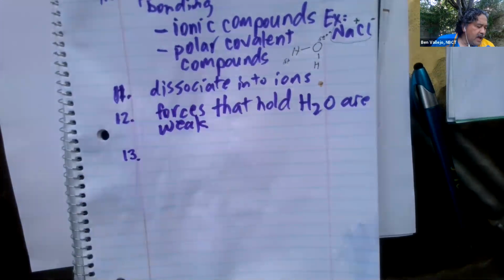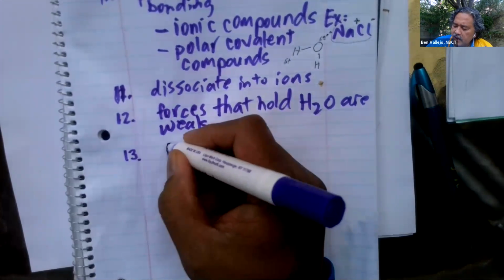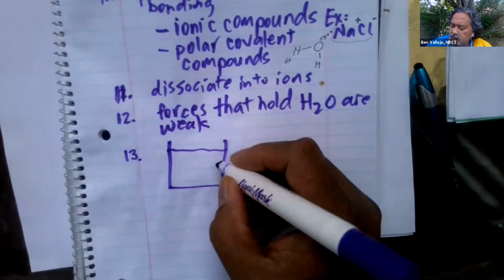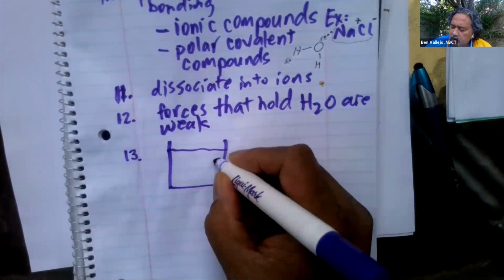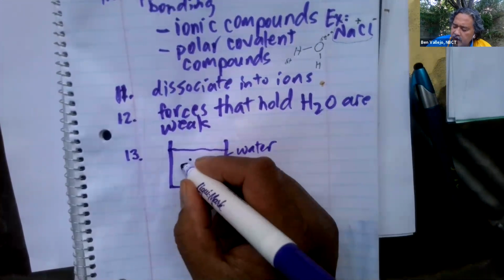Number 13 says classify, and it says identify the solvent and the solute in vinegar. Okay. Now vinegar is a solution. Here's your beaker. And in vinegar, it's mostly water, so it's mostly water with a chemical in it.